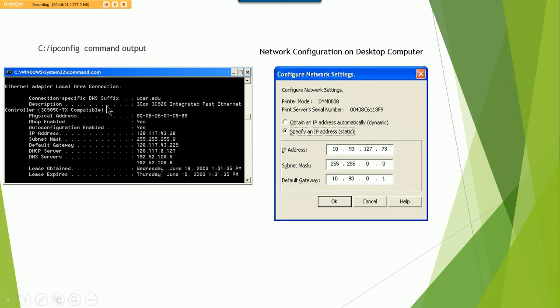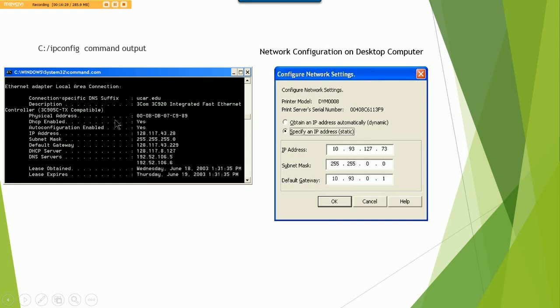That is something that's done in the computer software. Okay, and then we have two more addresses here, 192.52.106.5 and 192.52.106.6. These are the IP addresses of the DNS server, and as we can see, they are on another network also. So we can see a lot of information on the IP configuration of this computer.